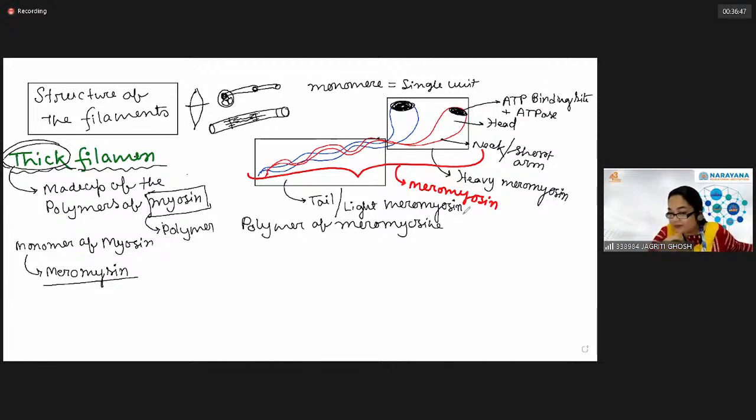Okay, the polymer of meromyosin. In the polymer of meromyosin, first we will draw the tails and then the heads. Now the next will bind from here, and the next will bind here and here.